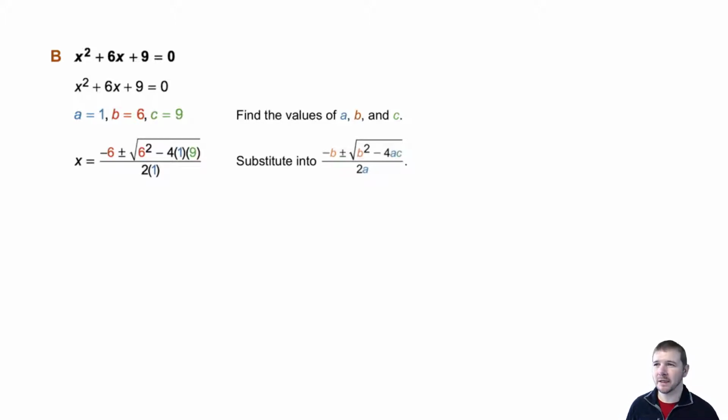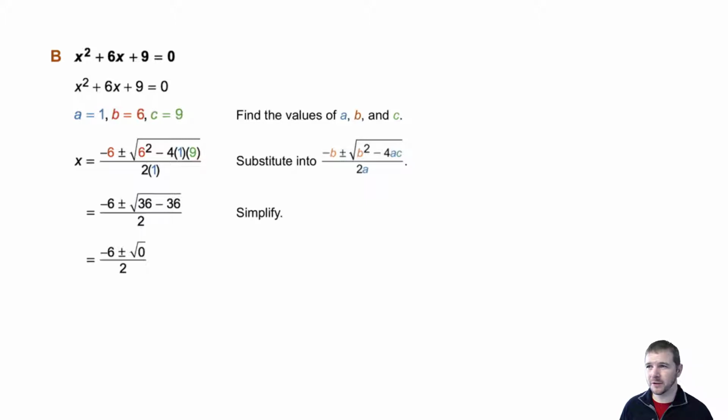So x equals negative 6 plus or minus the square root of 6 squared minus 4 times 1 times 9 all over 2 times 1. Simplifying, this becomes negative 6 plus or minus the square root of 36 minus 36 over 2. And that is negative 6 plus or minus the square root of 0 over 2. That's negative 6 over 2, or negative 3.